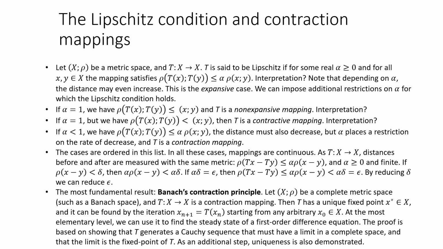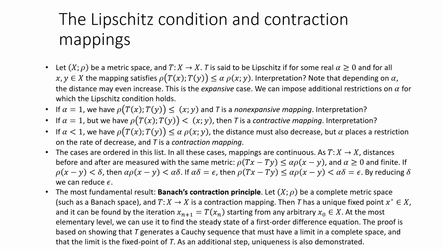In all these cases, this is a sketch of the proof. We have continuous mappings, by which we mean that by decreasing the distance between x and y, we can decrease the distance between tx and ty. So continuity of mappings is interpreted very similarly to the continuity of ordinary functions.